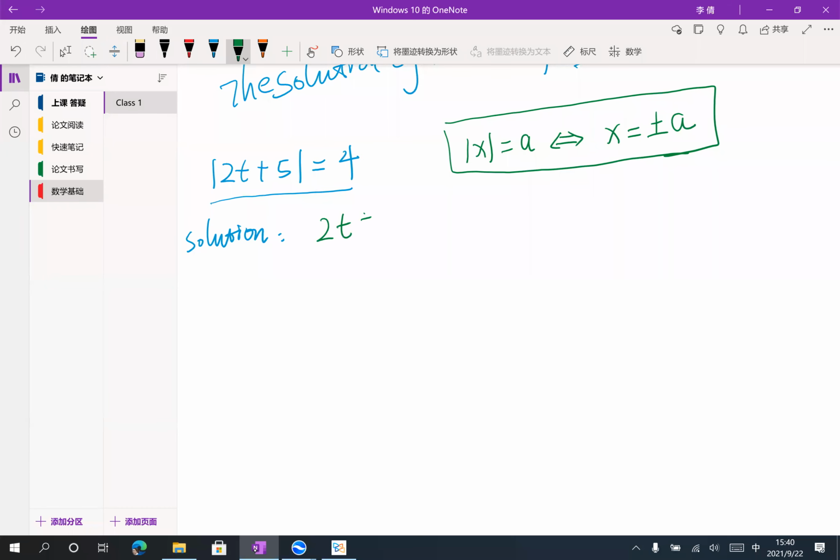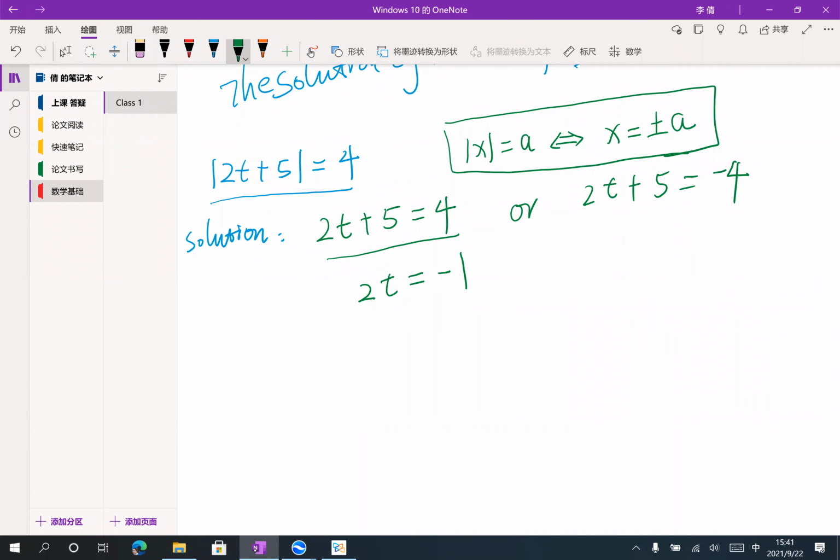From this property, we can get 2t plus 5 is equal to 4, or 2t plus 5 is equal to minus 4, right? From the first equation, we first subtract 5 on both sides, and we get 2t is equal to minus 1.